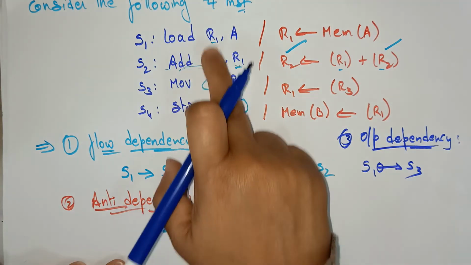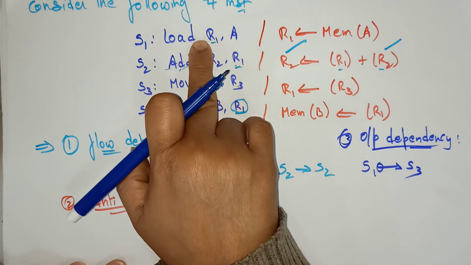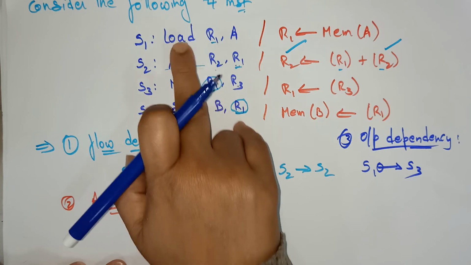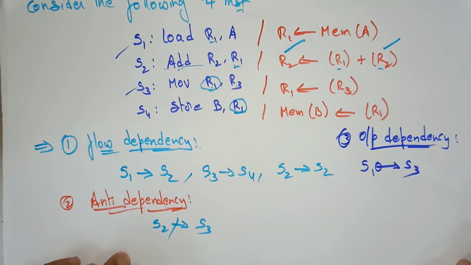So here we are getting different values for the output: the A value and the R3 value. So these two, S1 and S3, are the output dependencies.